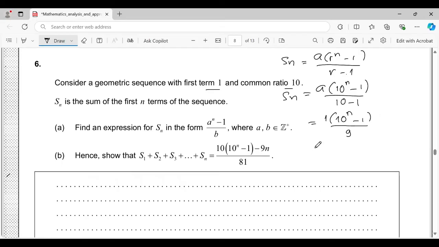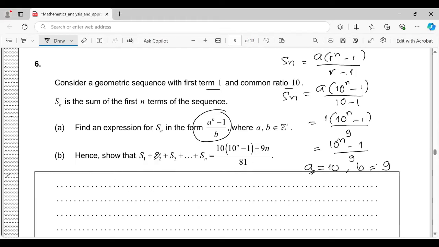And it is 10 to the power n minus 1 over 9. If you compare with this form, it means here a equals 10 and b equals 9. Okay, so a or S1 equals 10.